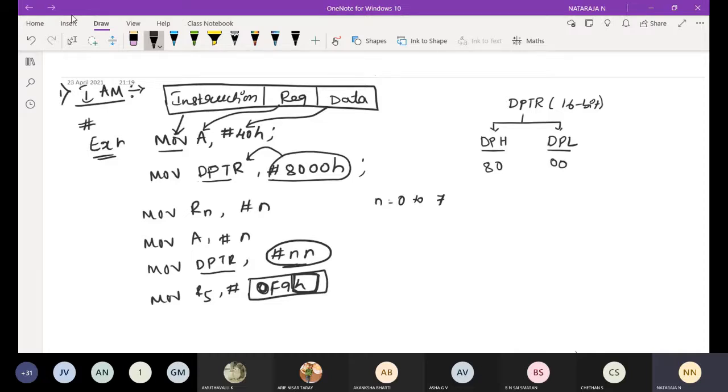If I do not use this 0, it will understand this as a letter or alphabet. If I use 0F9H, F9H means it is the number F9 in terms of hexadecimal, and R5 will understand that. Whenever you use hexadecimals starting with A to F, you have to use 0 initially. Sometimes I will miss it. You should remind me.